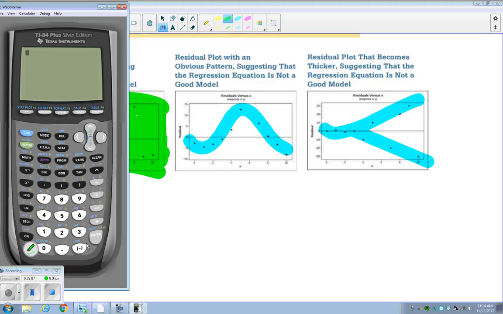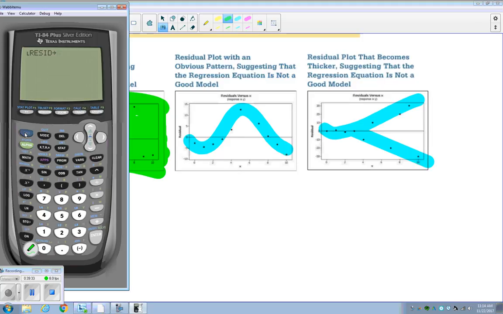So I use method 1, where I go to the main screen and I hit second and list. Scroll down to where it says residual, which is number 7. Press enter and say store. And the place we're going to store them is in L3.